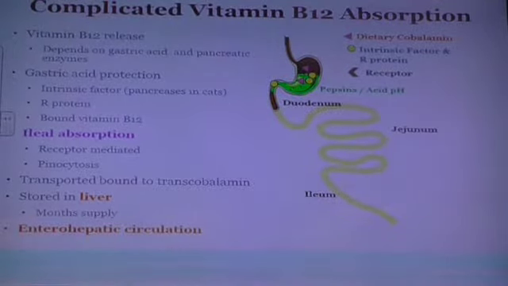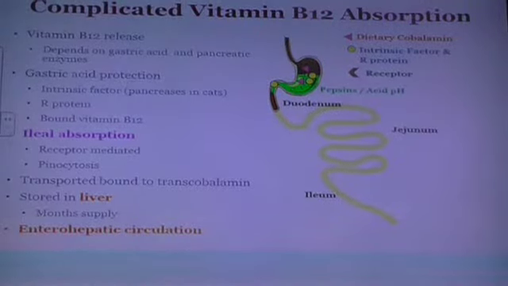That is called pinocytosis. They need a receptor on the cell membrane, and the receptor binds the vitamin B12 complex, which is absorbed into the epithelial cell, the enterocyte. Once in the enterocyte, it goes to the blood system.